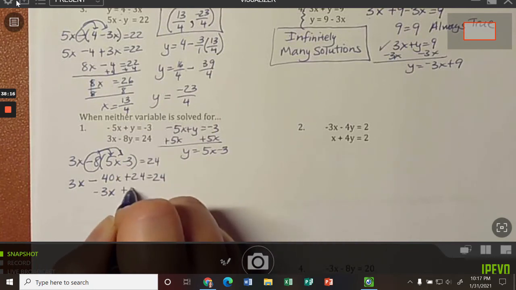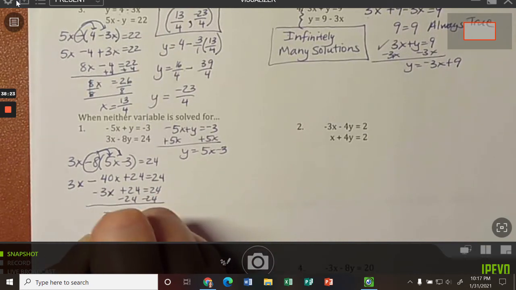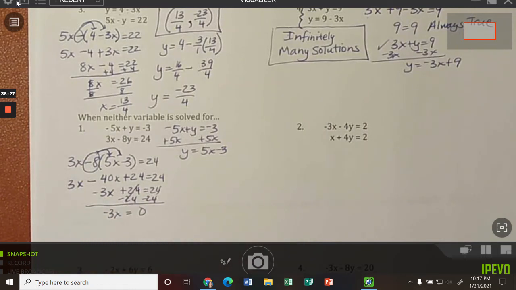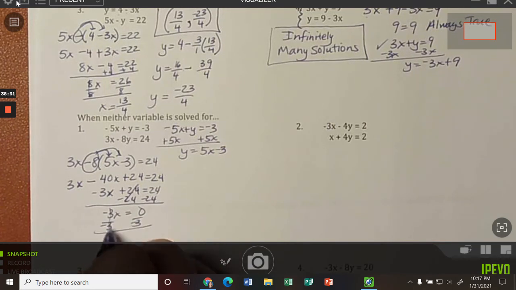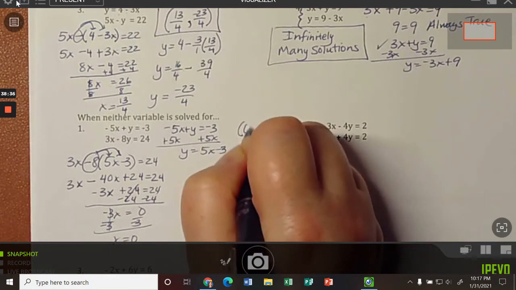Well, I'll do it as a separate step. Subtract 24. This gives me negative 37x equals 0. And then divide each side by negative 37 to get x equals 0. So the x value is 0.